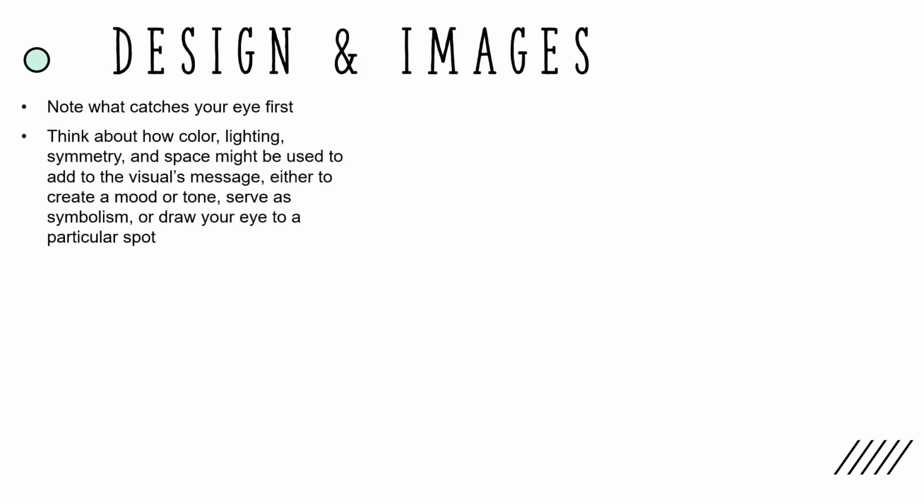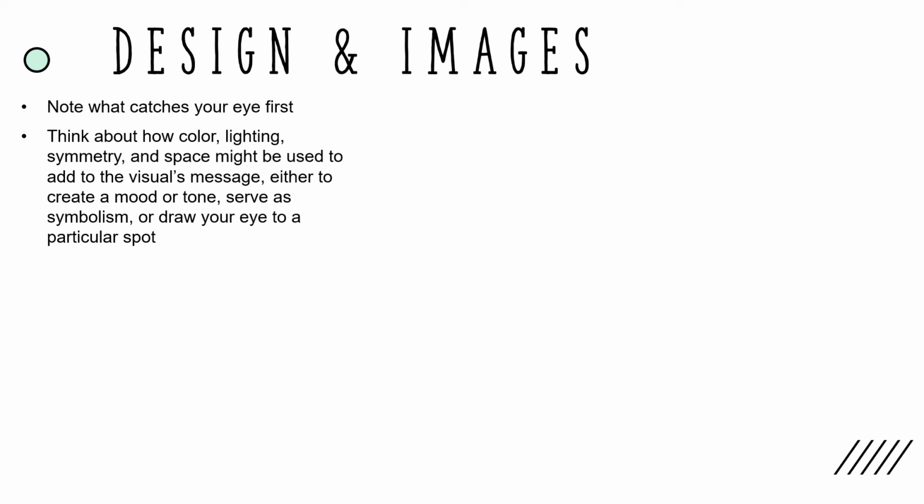The next step is to consider the visual's use of design and images. Note what catches your eye first. Think about how color, lighting, symmetry, and space might be used to add to the visual's message, either to create a mood or tone, serve as symbolism, or draw your eye to a particular spot.